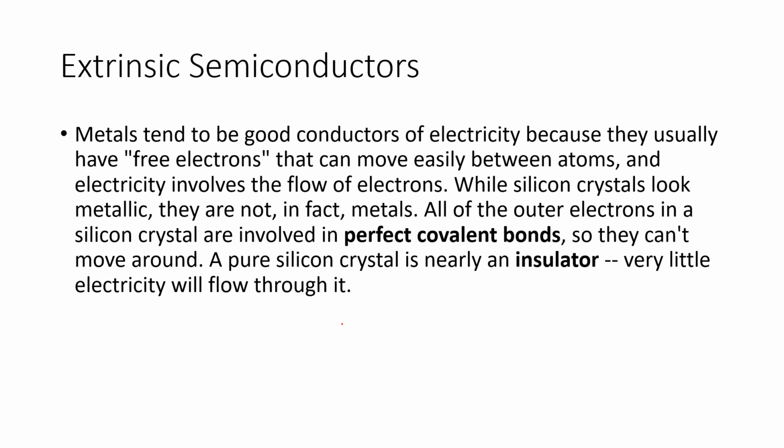Now it says while silicon crystals look metallic, they are not in fact metals. It says all of the outer electrons in the crystals are involved in perfect covalent bonds, so they cannot move around. It says a pure silicon crystal is nearly an insulator, right? Very little electricity will flow through it.